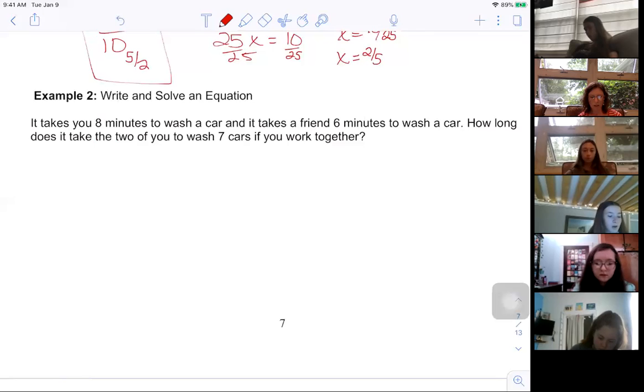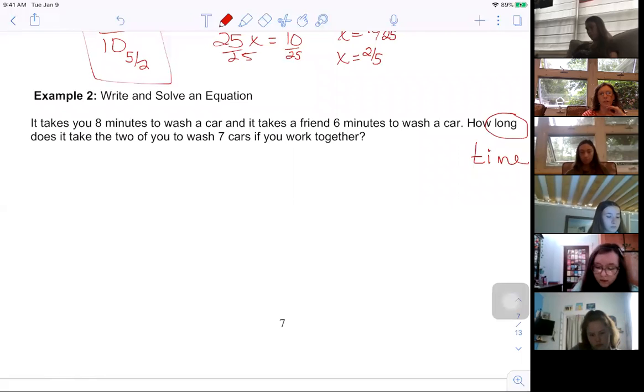We're trying to find how long, so we're trying to solve for time. How much time would it take the 2 of you to wash 7 cars? So we know our variable we can say is t for time.